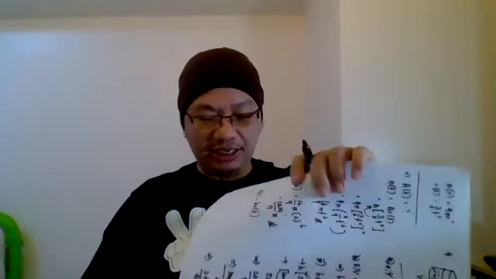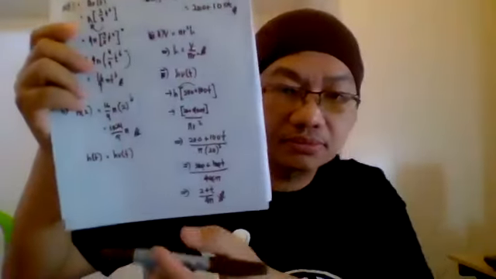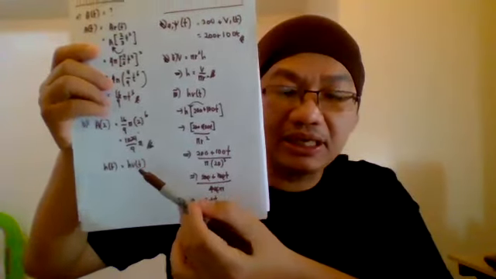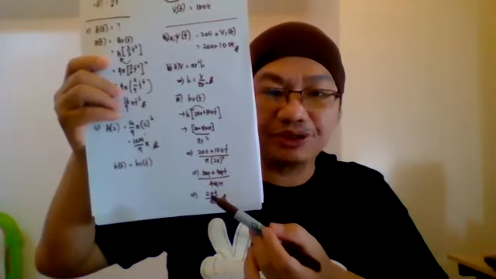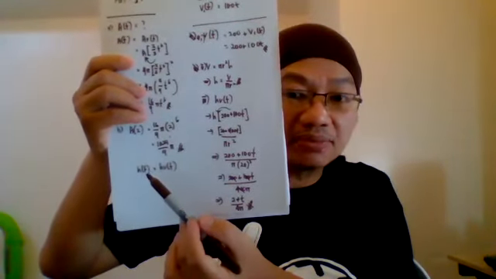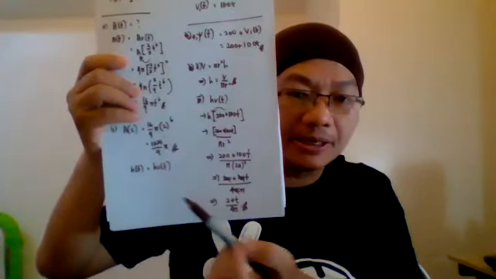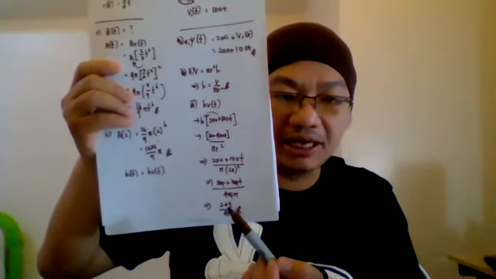Now, the second question, 4B, is to find the height of the water in the container after 20 seconds. We already found the height in terms of time, which equals HV of T. The HVT that we found just now is the height in terms of time.